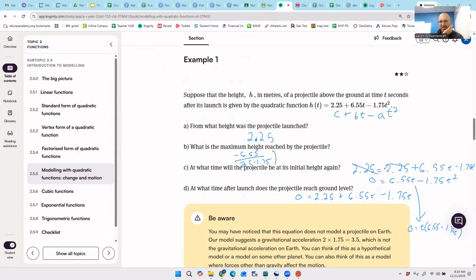And so that part just goes away effectively, and I can solve this. 6.55 over 1.75, which I guess would be twice the time of the maximum, which makes sense. Half of its time to get to that maximum height, half of its time back to get to the original height.